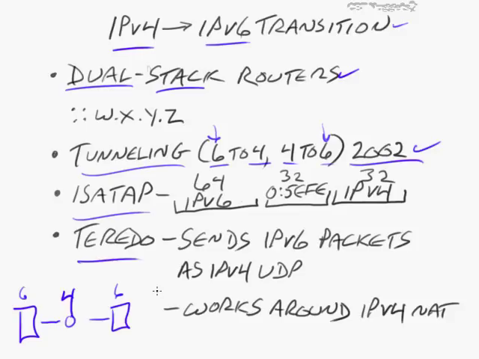Also, there's Teredo, which is kind of weird because the term actually means a worm that eats through wood. But that has to do probably with the kind of tunneling that it can use. What it does is it'll send IP version 6 packets as IP version 4 UDP packets, and that would be the case if we are trying to communicate from an IP version 6 host to a 4 destination this time.